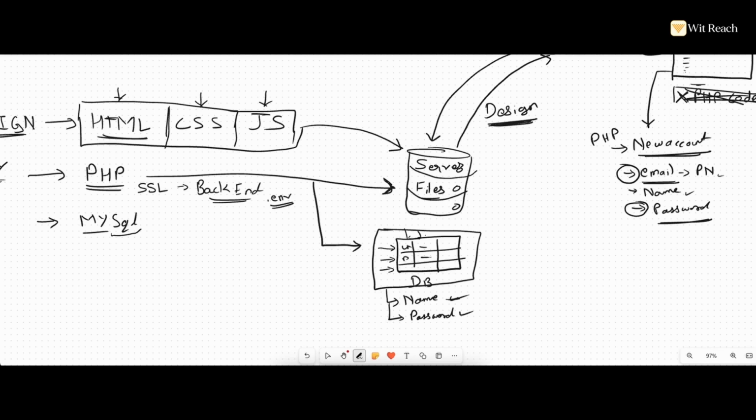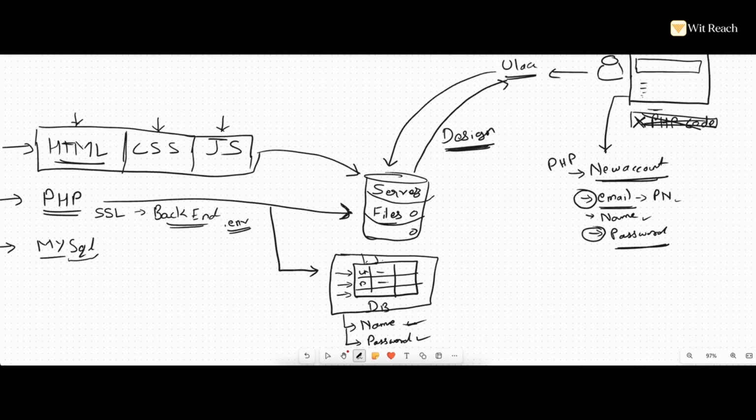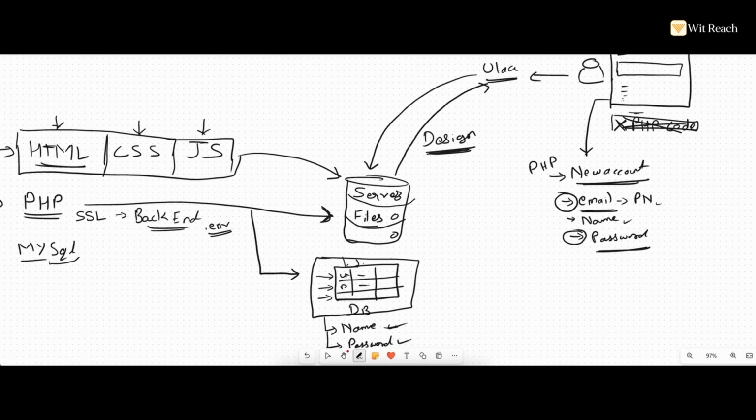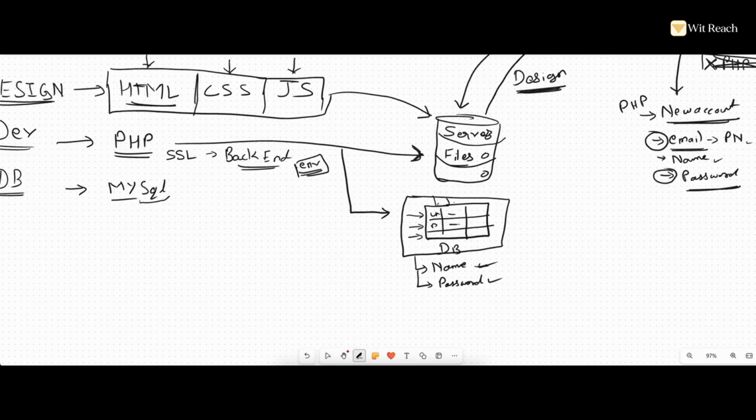The users and all, whoever do not have direct access to see the files in the server, will not be able to see the env file at any cost. In this env file, all the information of the database will be stored, for example, username, password, IP address, and all those things.